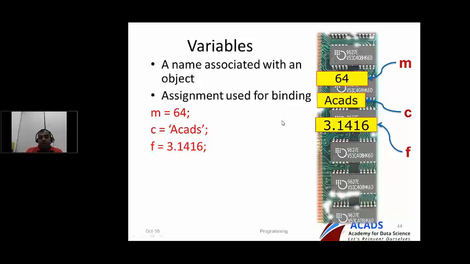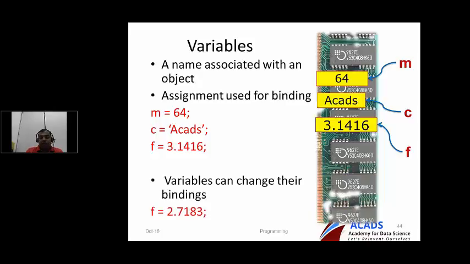Okay. What I mean by the fact that assignments are used for binding is that whenever you reassign a variable, say now you start saying f is 2.7183, instead of changing the location that was holding the earlier value of f, in this case 3.1416, a new memory location will be created and the name f will start referring to this new memory location.